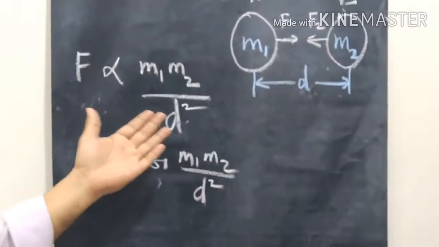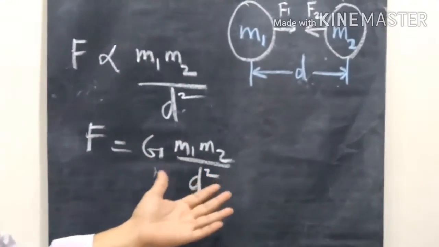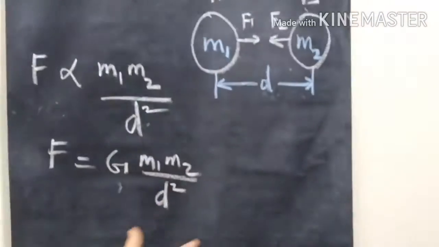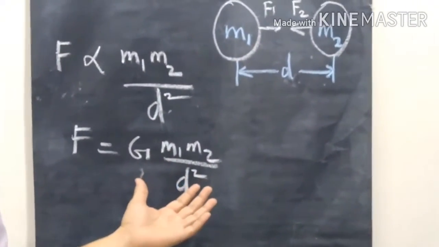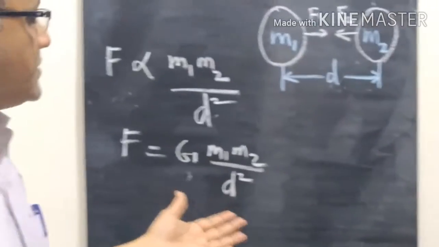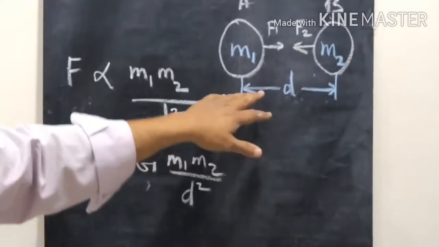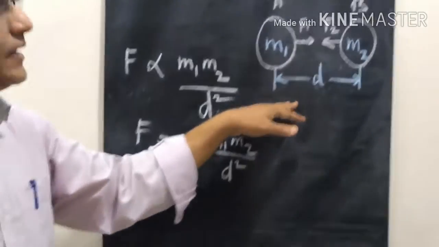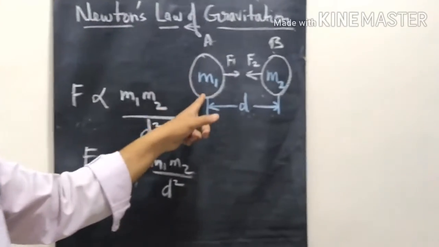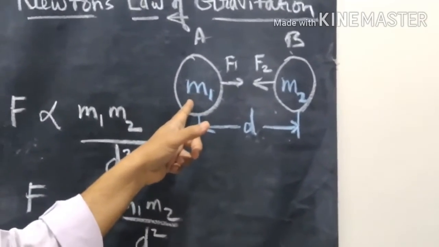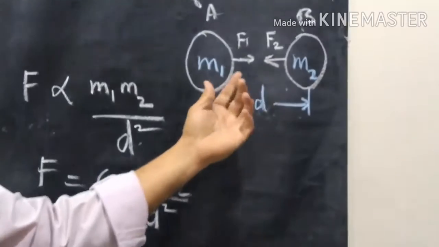Force is directly proportional to the product of the masses of the two objects A and B, and inversely proportional to the square of the distance between them. One more thing: if the mass of A is doubled, the force between A and B will be double.